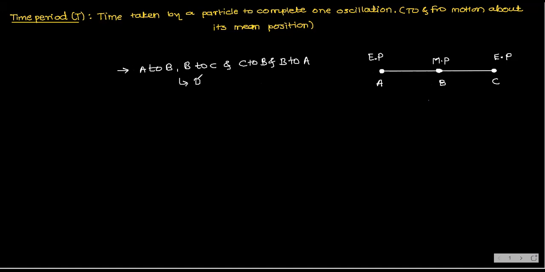Understand? What is that? One oscillation. And whatever the time taken to cover this A to B, B to C and C to B and back to A is your one oscillation. Clear?